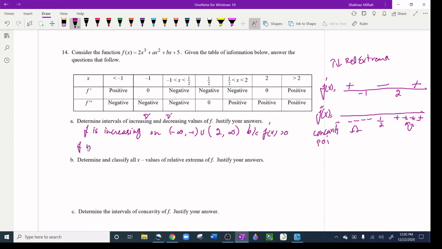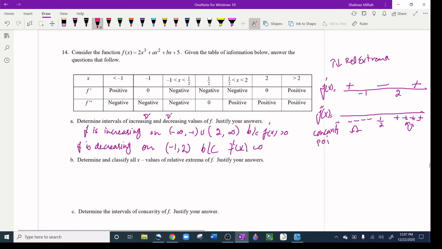F is decreasing on negative 1 and 2, because f prime x is less than 0.